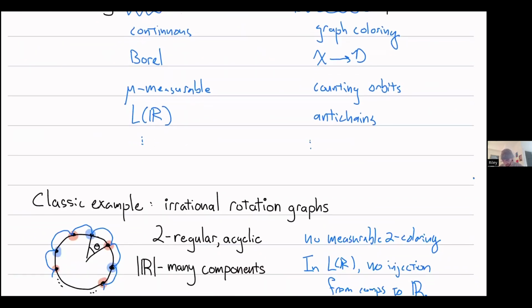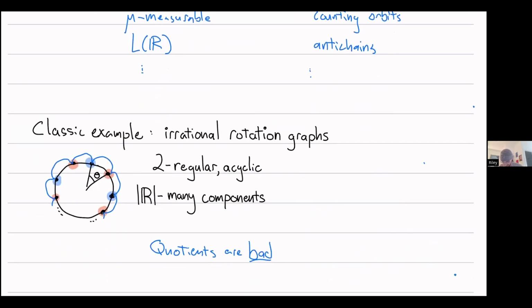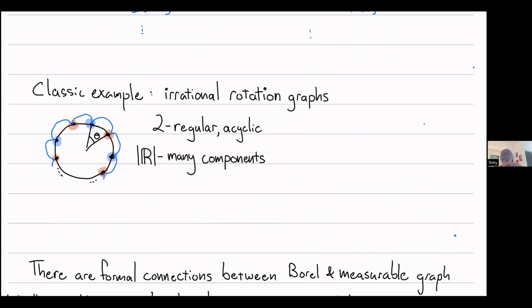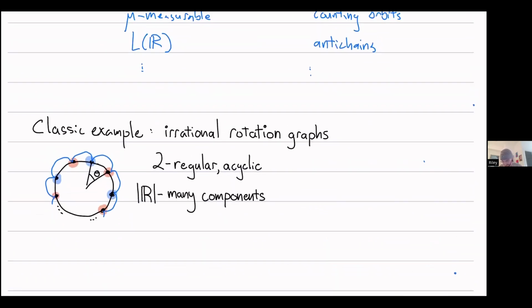And a classic example that Zoltan mentioned, so let me clean up some of this, is the irrational rotation graph. We pick some angle theta that is an irrational degree, and we connect 2 points on the circle if they differ by an angle of theta.